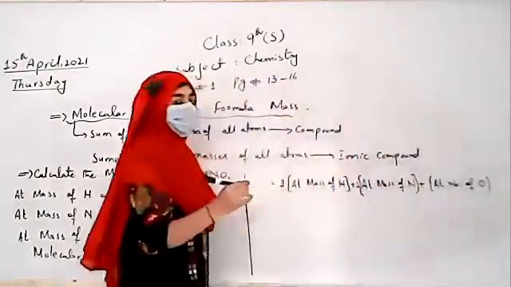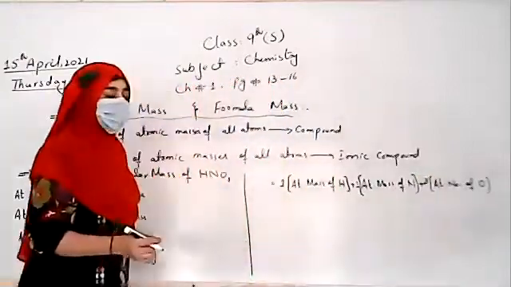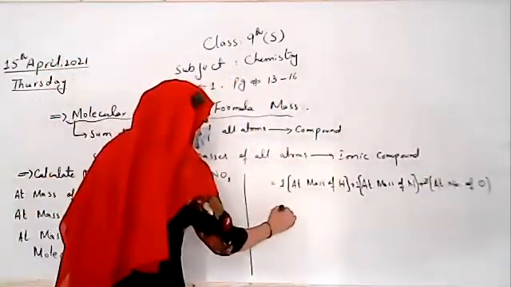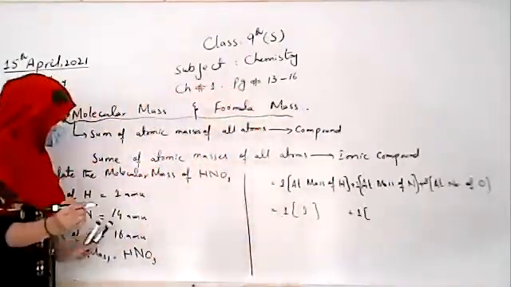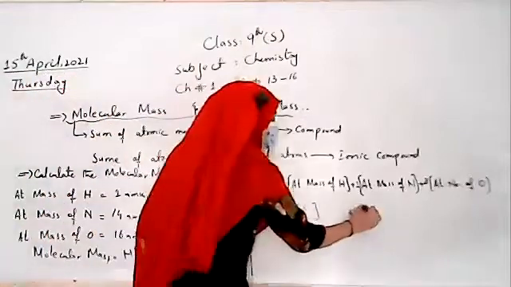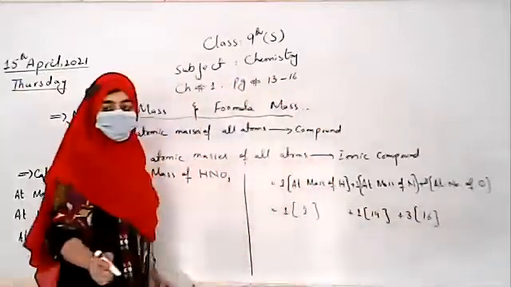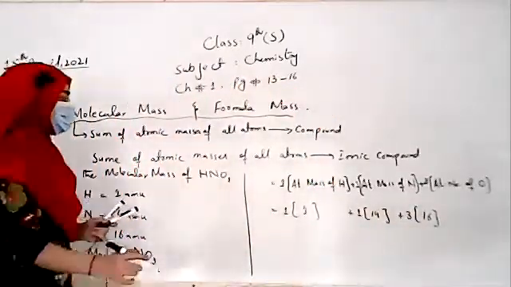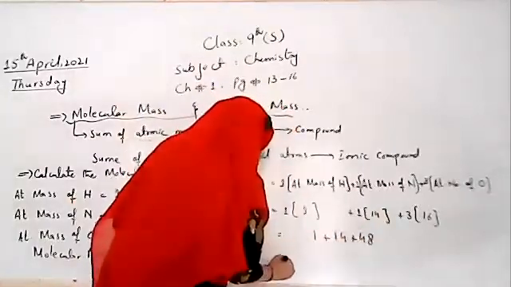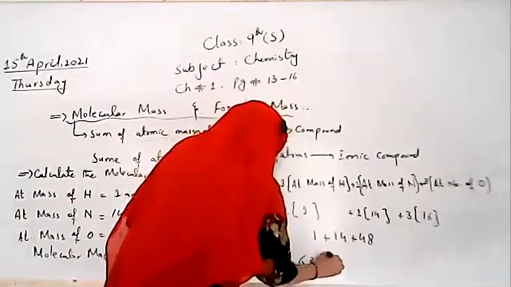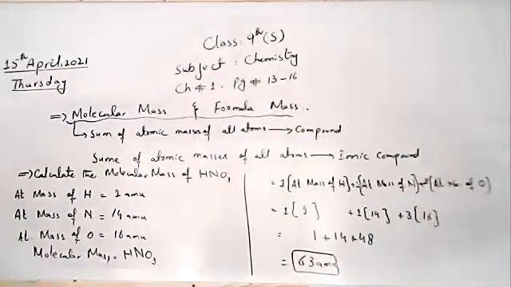How many oxygen atoms are there? 3, so we put 3. So write the atomic masses: hydrogen 1 plus nitrogen 14 plus 3 times oxygen 16. 1 plus 14 plus 48 is equal to 63 AMU. 63 AMU is the molecular mass of nitric acid.